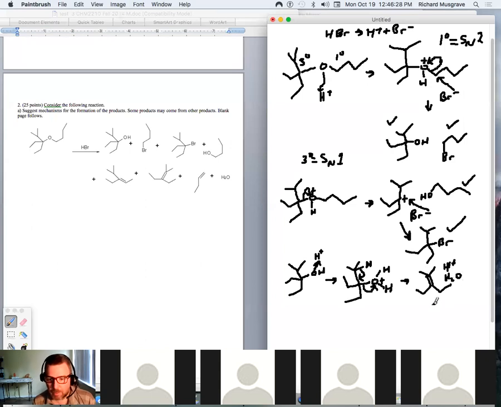And then we can also, on that same structure, which I'm not going to draw again, show the formation of the other alkene.